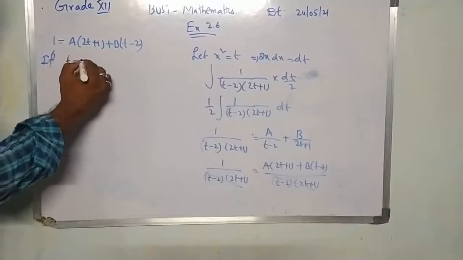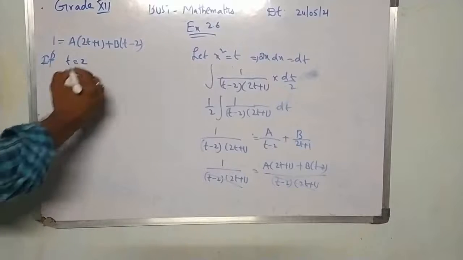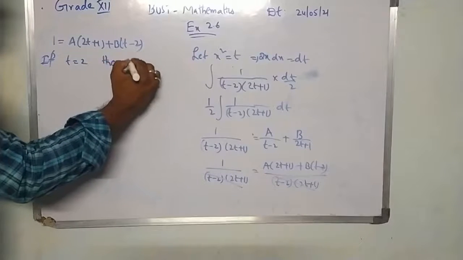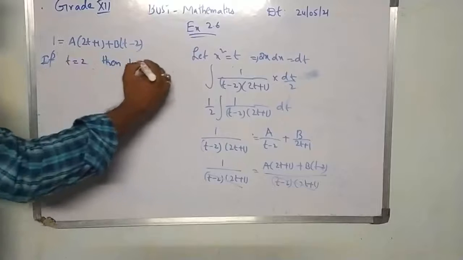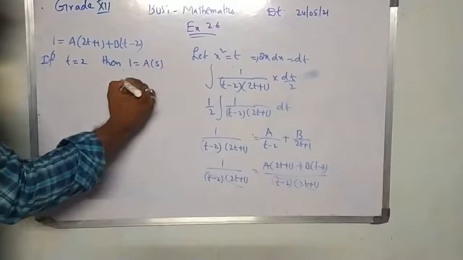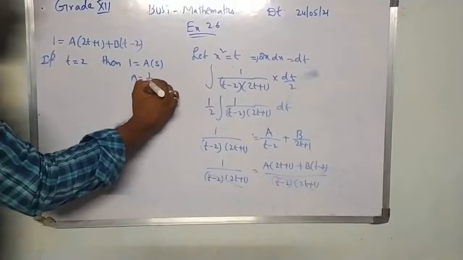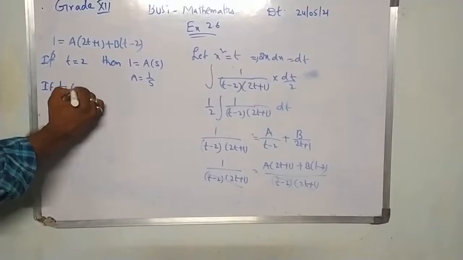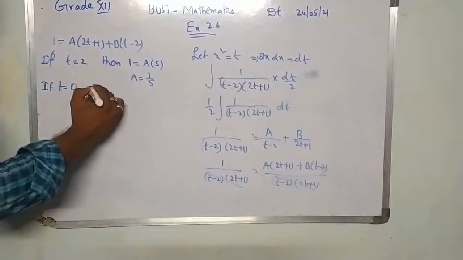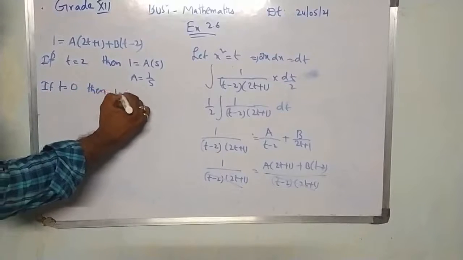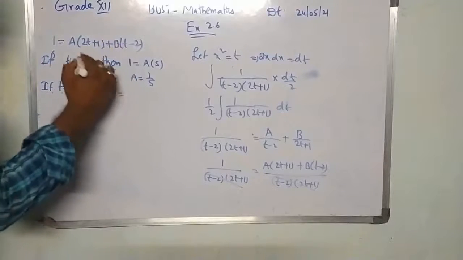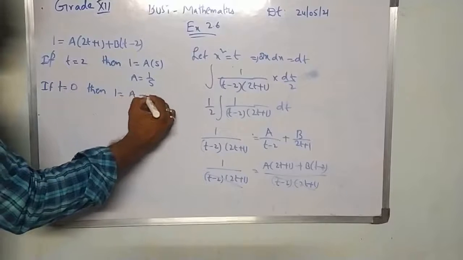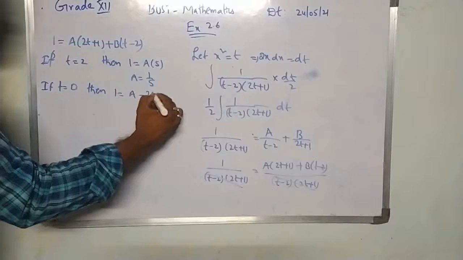Now let us see here. If I substitute t is equal to 2, then 1 is equal to a into 4 plus 1, a into 5. So a value will be 1 by 5. Next, if t is equal to 0, then 1 is equal to a minus 2b.